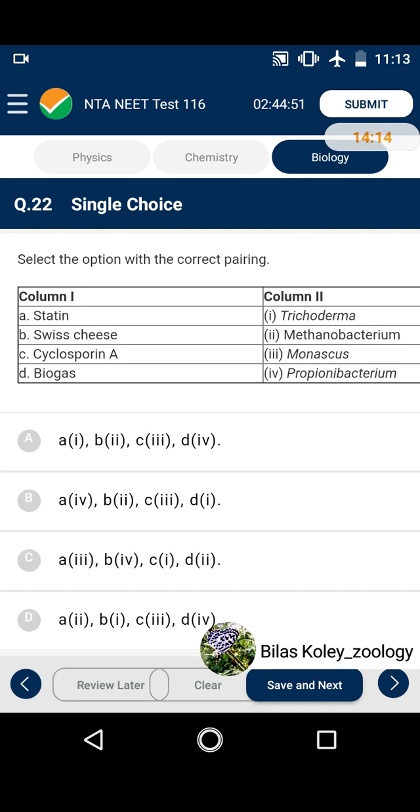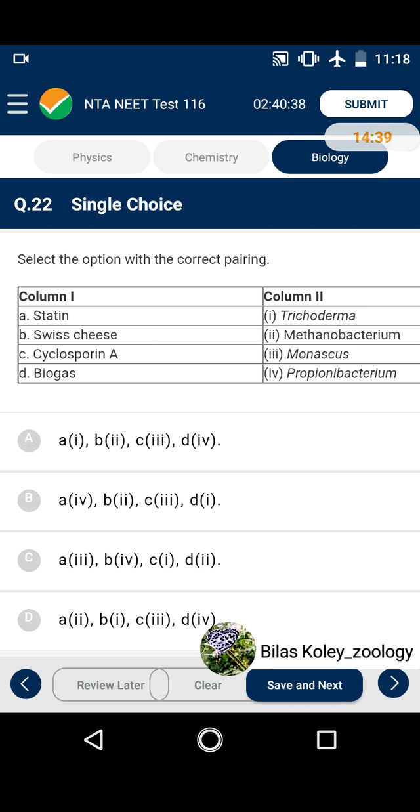Now, we will go for question number 22. We have to arrange them in correct pairing. In column 1, there is statin, Swiss cheese, cyclosporin A and biogas.